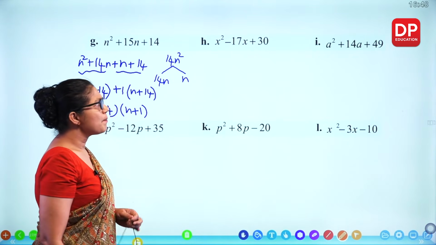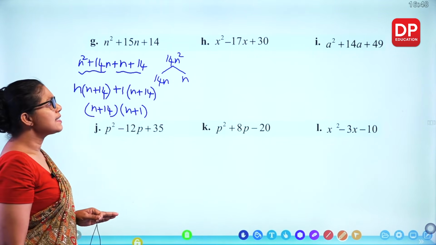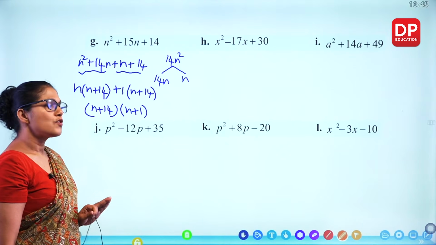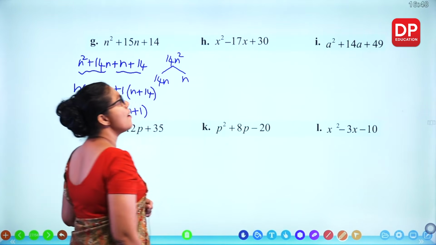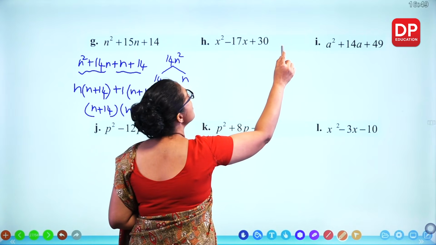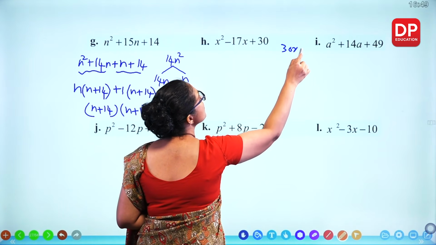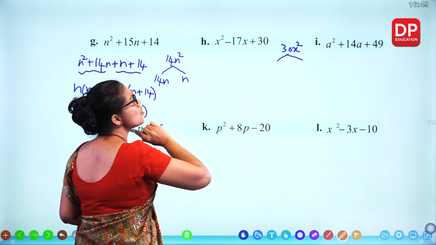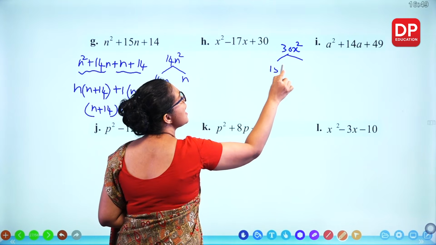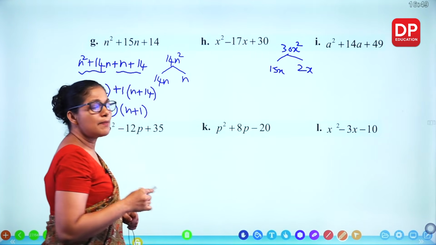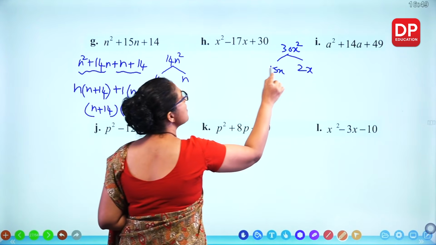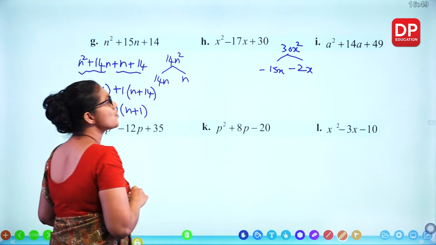The next part, plus 30, and the middle term is minus 17. So that means you have to select both negative product. So here, how you get 30x squared? This should be 15 and 2. But we know that the middle term is negative, so you get minus 15 and minus 2.